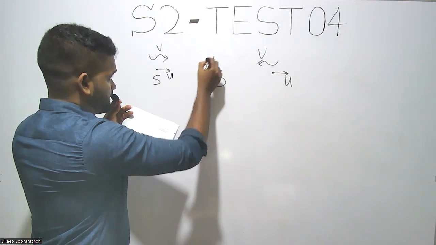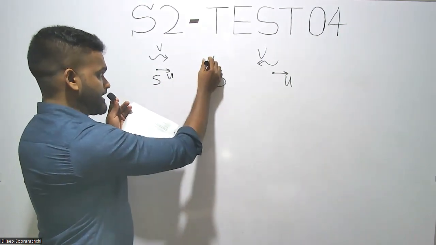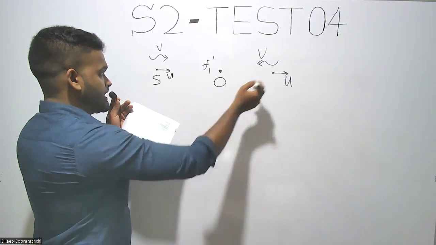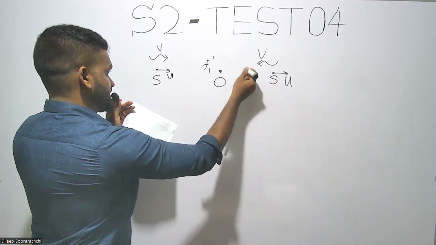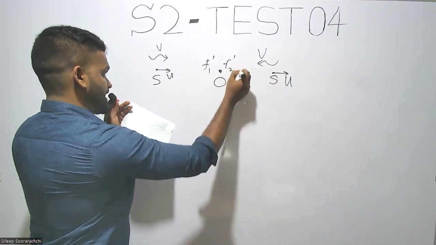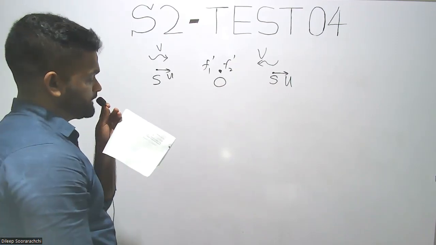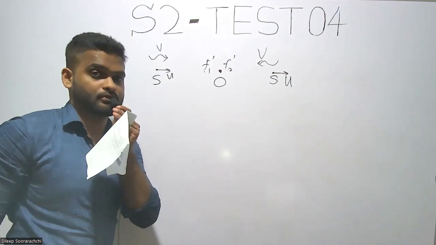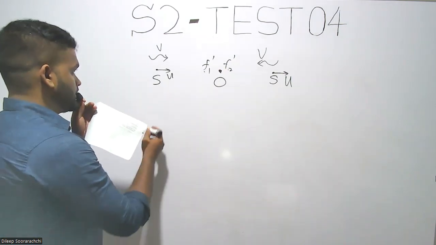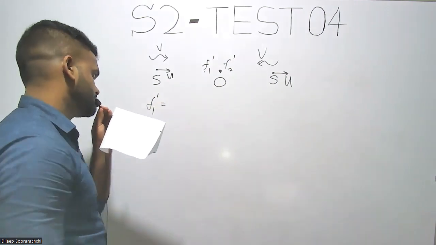Let's say when the source is on this side, the apparent frequency is f1 dash. Then when the source is on this side, the apparent frequency is f2 dash. So here what we need is the difference between these two apparent frequencies. First I'll write f1 dash.